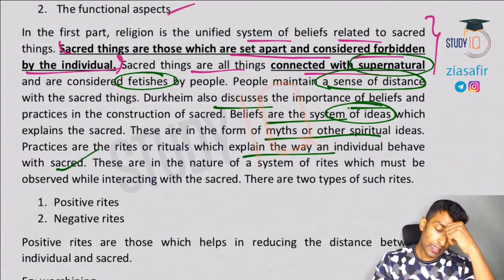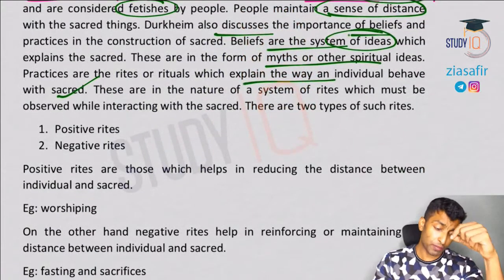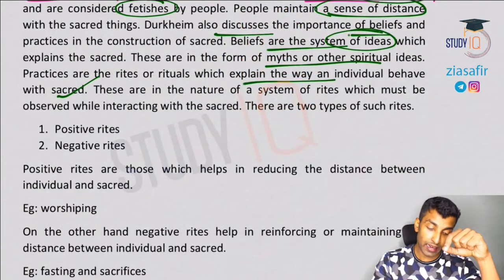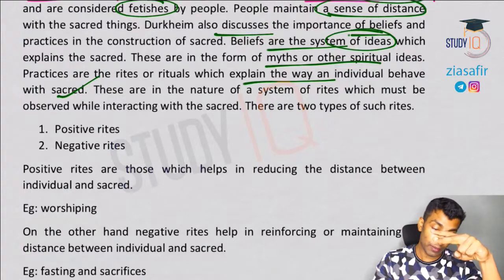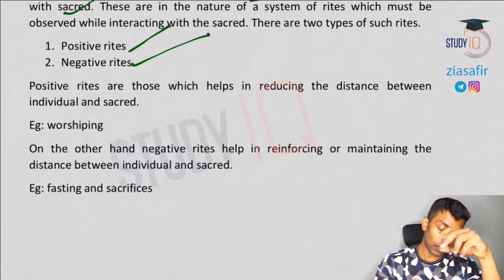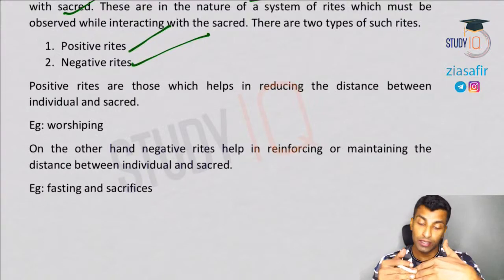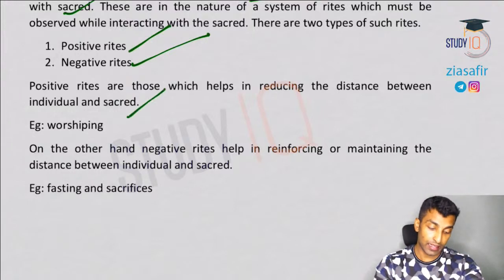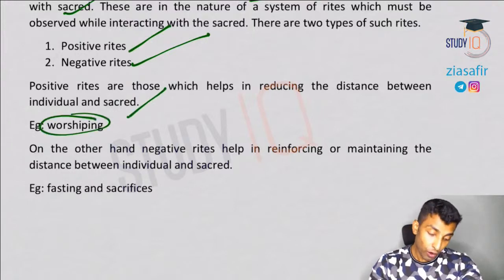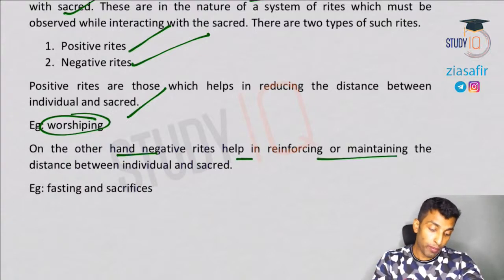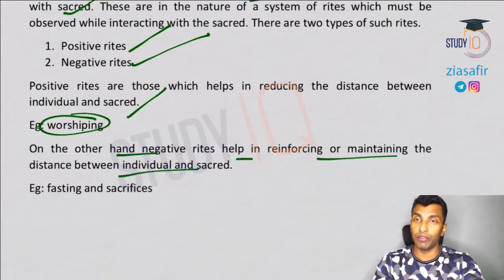These are in the nature of a system of rites which must be observed while interacting with the sacred. There are 2 types of such rites, positive rites and negative rites. Positive rites are those which help in reducing the distance between individual and the sacred, for example, worshipping. On the other hand, negative rites help in reinforcing or maintaining the distance between individual and sacred.